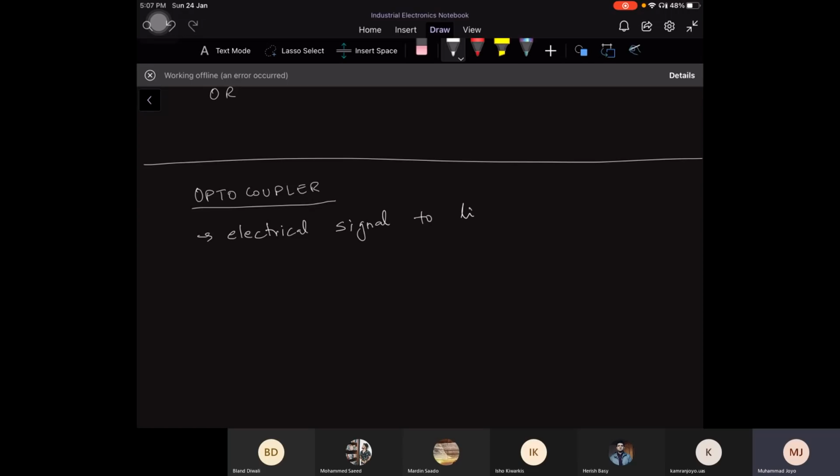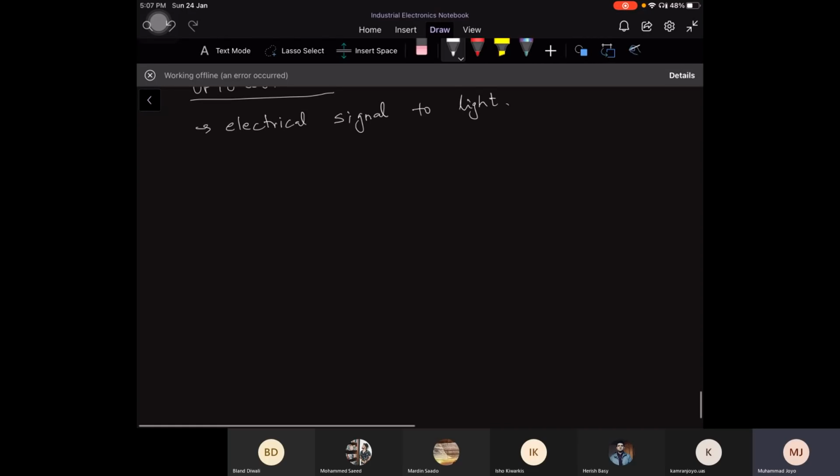Whatever electrical signal you provide at the input side, it converts into a light signal, an opto signal. So how does it do that, and what is the purpose of using it?